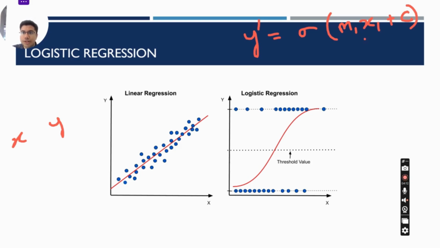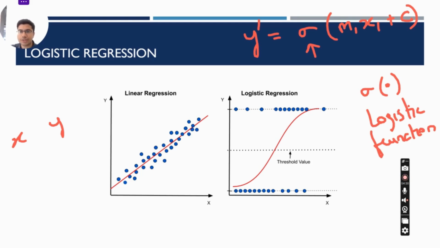The first part, m1 x1 plus c, is similar to linear regression, except there is an extra sign here, and this is the logistic function. Because we use the logistic function, this kind of model is the logistic regression model. So let us see what this logistic function is.